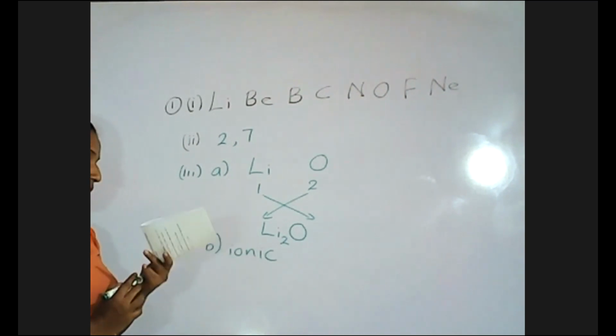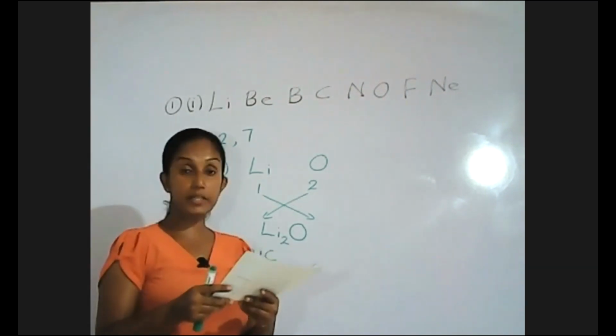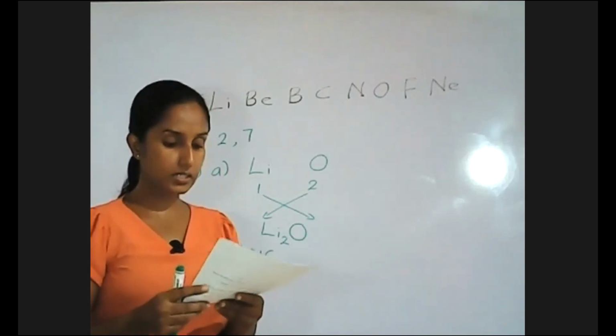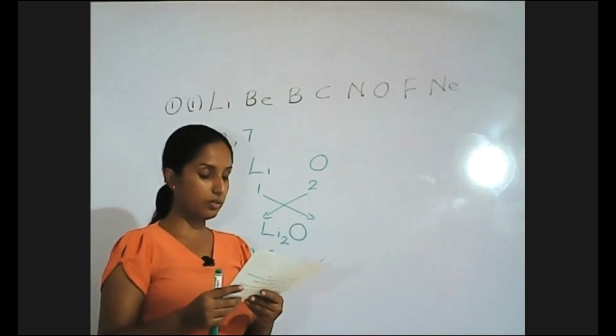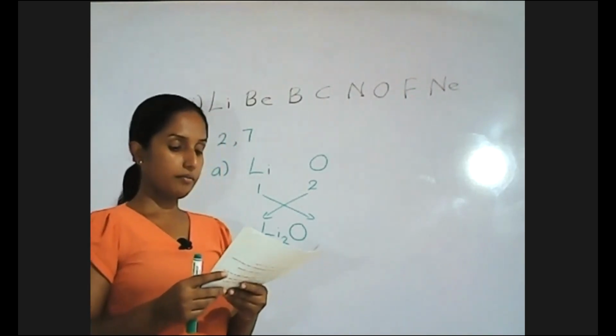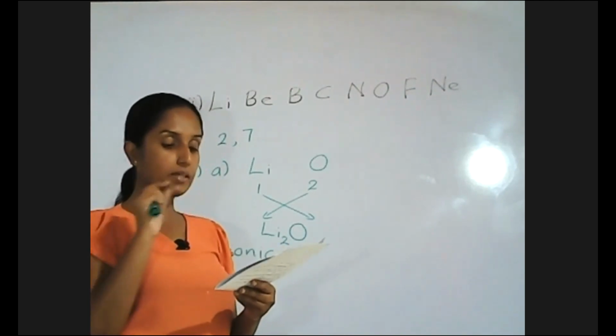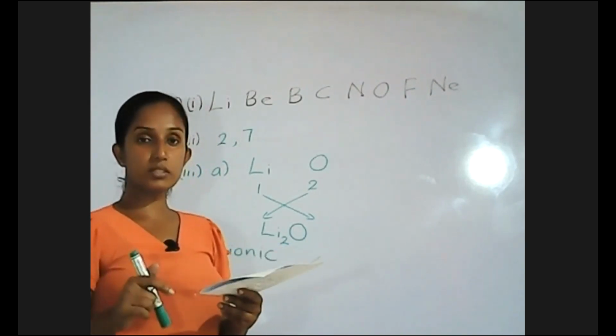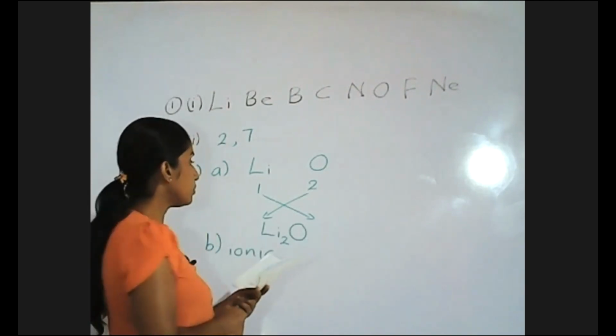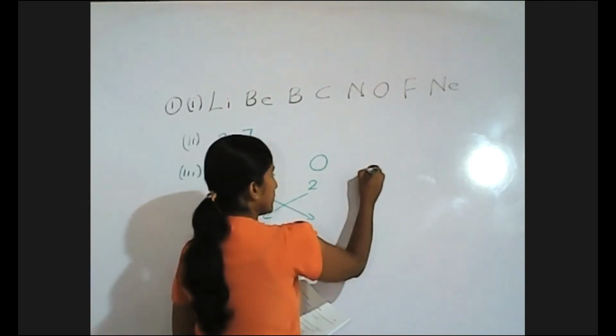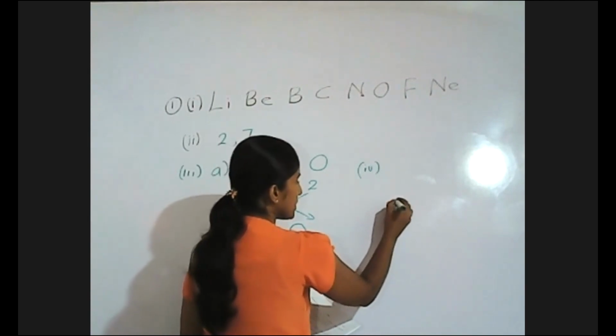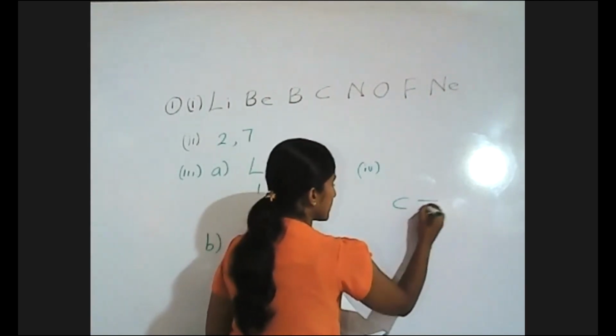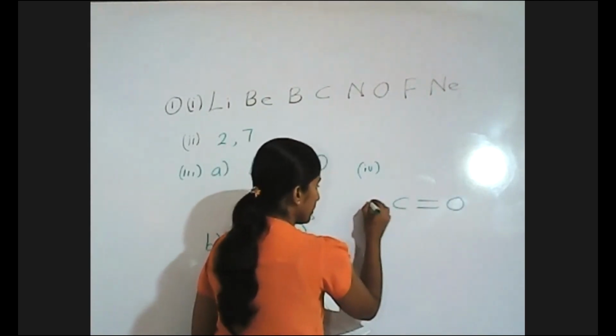Then the fourth one. In the given box, draw the Lewis structure of the carbon dioxide molecule which is formed with the combination of one carbon atom and two oxygen atoms. One carbon and two oxygen. Fourth one, I will draw here, Pute. Very easy. You have to draw the Lewis structure of the carbon dioxide molecule.